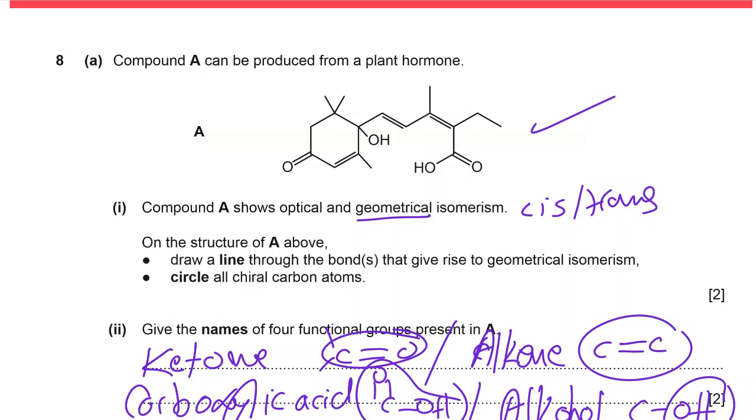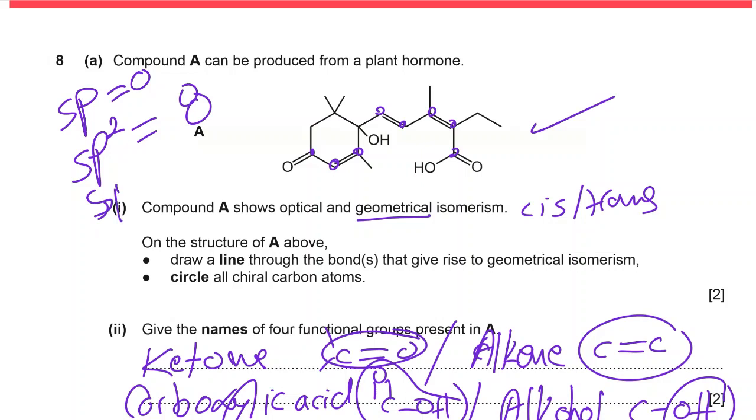Do we have a triple bond? No. So sp is 0. sp2: 1, 2, 3, 4, 5, 6, 7, 8. 8. So sp3: 1, 2, 3, 4, 5, 6, 7.